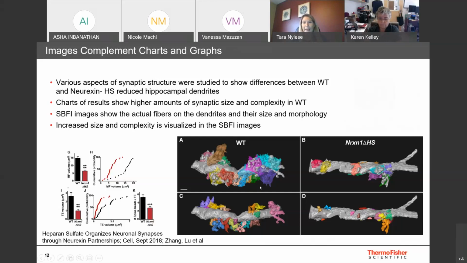And then if we look at the modified animal on the right, we see that these dendrites are not growing and interacting as much as they are in a normal situation. And that is also work done with the VolumeScope.